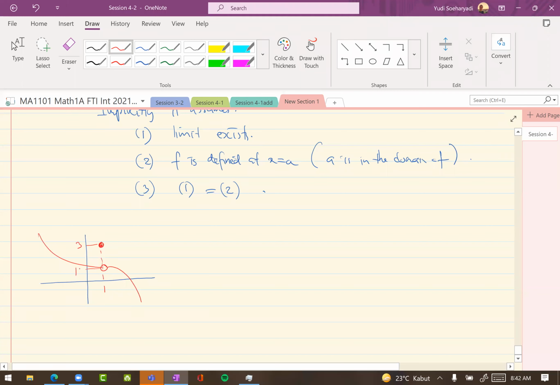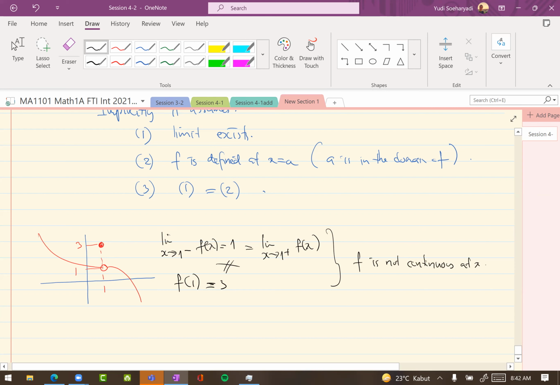In this picture, the limit at 1 from the left is 1, the same as from the right, so they exist. But the value f(1) is 3, and they are not the same. So we conclude this f is not continuous at x equals 1.